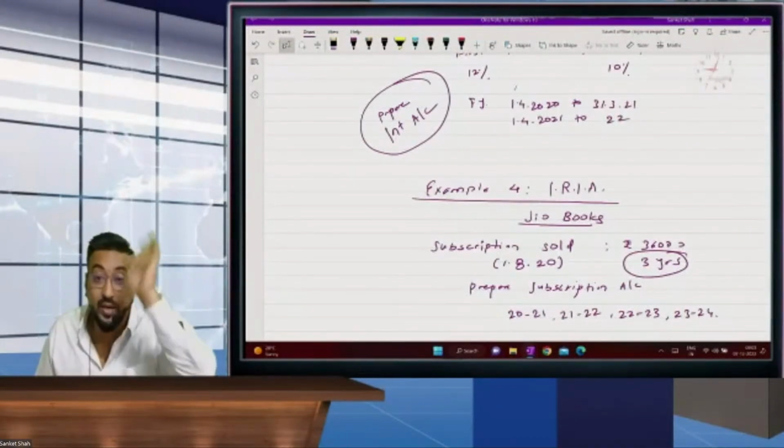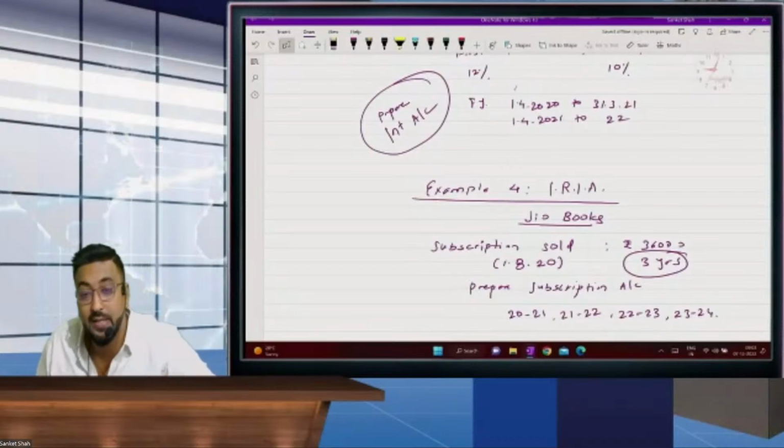Remember, though it is receivable, we will record it as income.